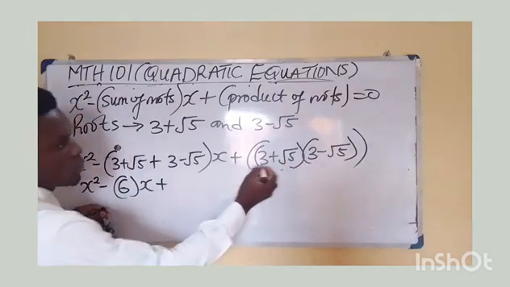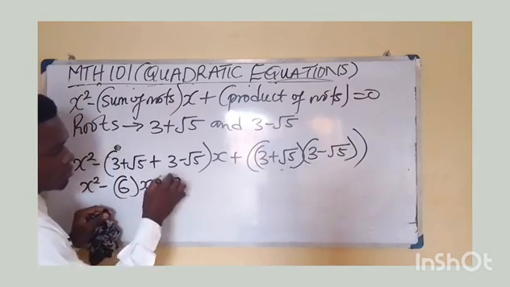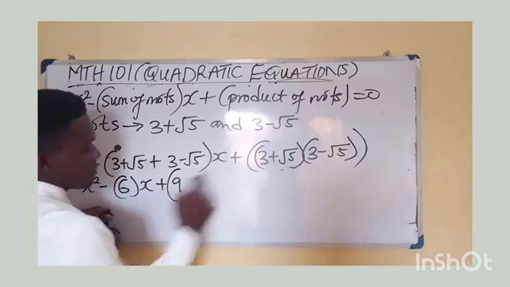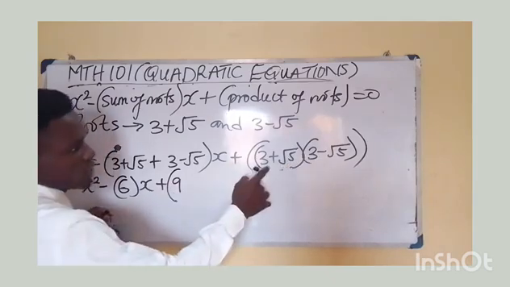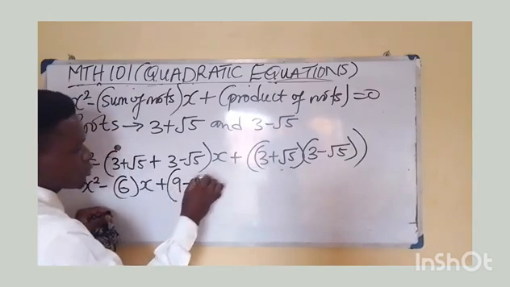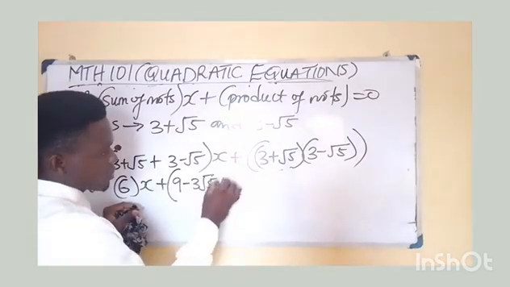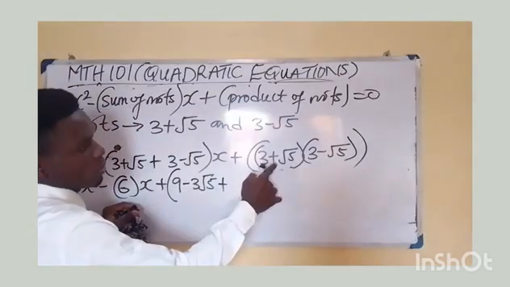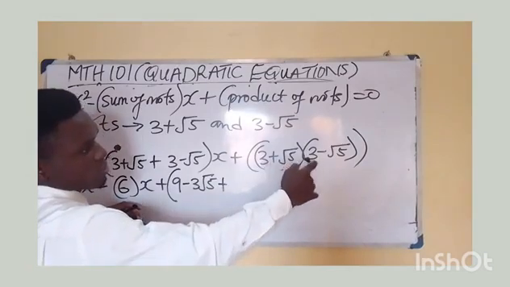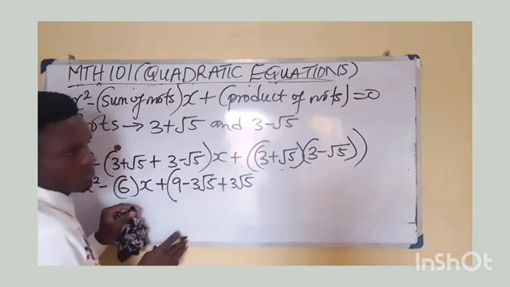I'll open it up. So 3 times 3, I have 9. 3 times minus root 5, I have minus 3 root 5. Then plus root 5 times 3, I have 3 root 5.